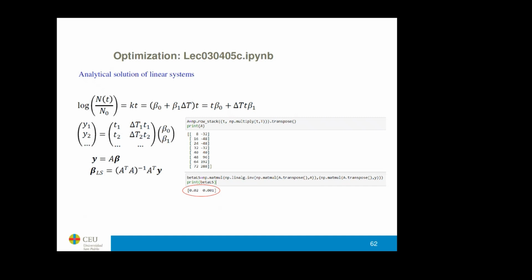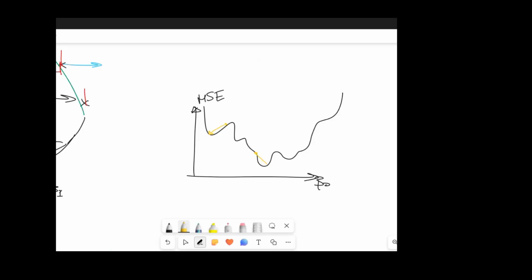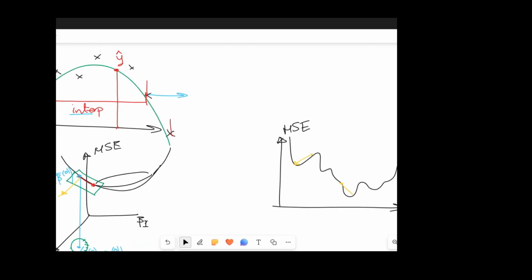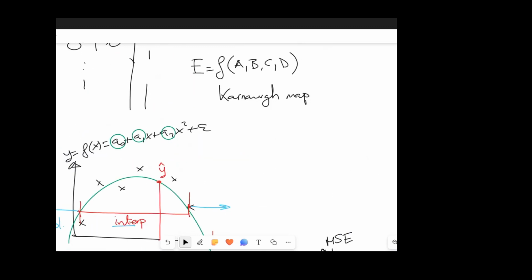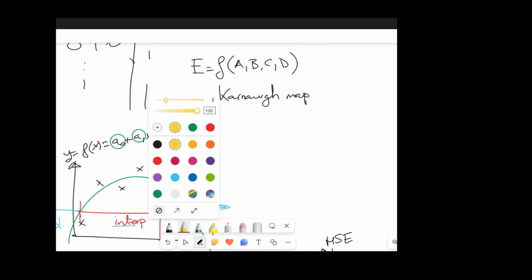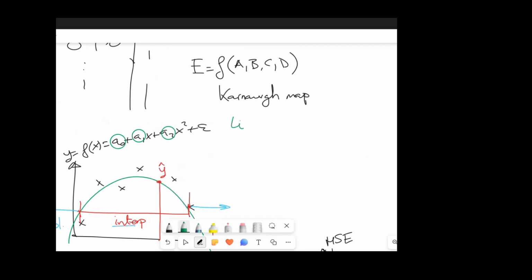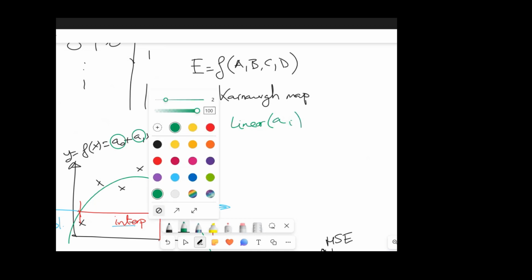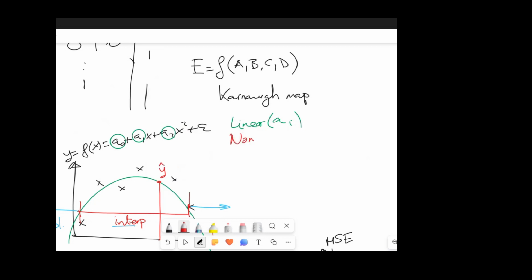But for instance, this one that we saw before, this model here, it is linear in the parameters, which are called A. So it is linear in the A's, but it is non-linear in x. Here's x squared. So a function can be linear in some parameters and non-linear in others.